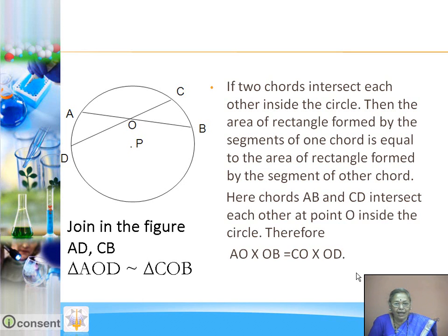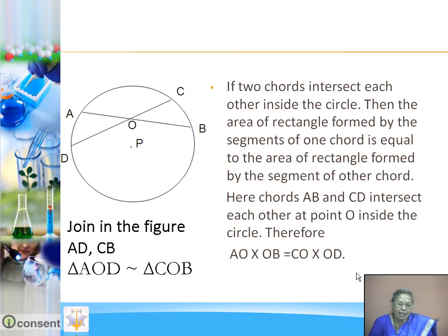The areas of rectangles formed are always equal. That is, product of AO into OB is equal to product of DO into OC.